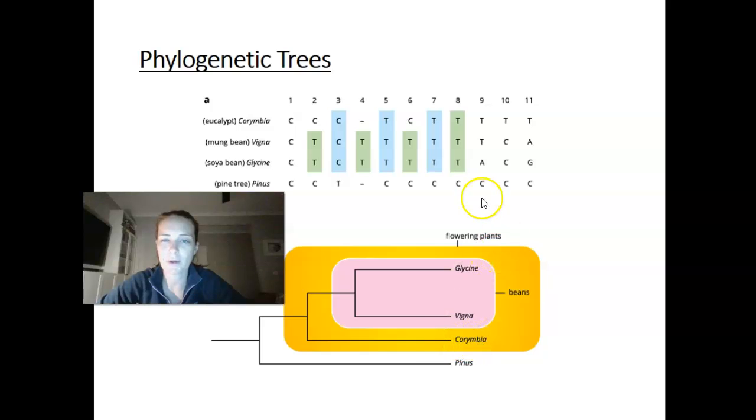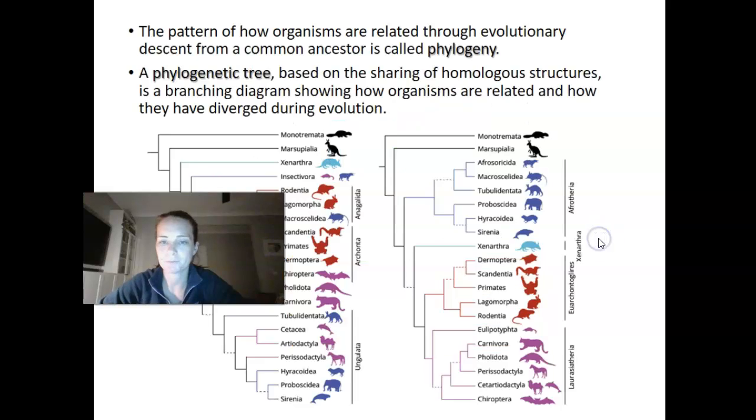The one that is second least alike is the corymbia, or the eucalypt. That one has diverged away next, leaving the final two, glycine and vigna, being the most closely related or the most recently diverged species. So that's an example of a phylogenetic tree being set up from some genetic information.